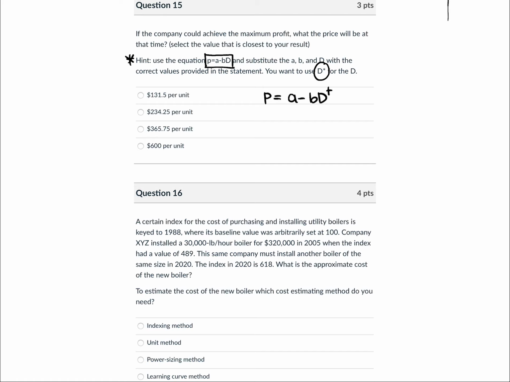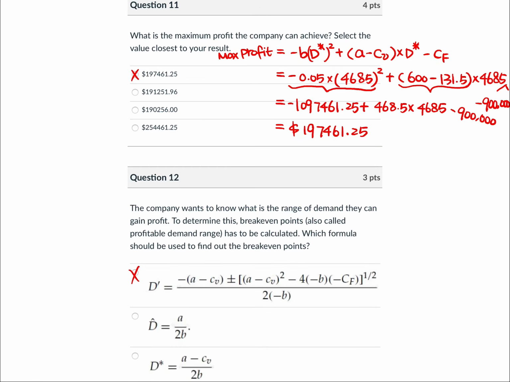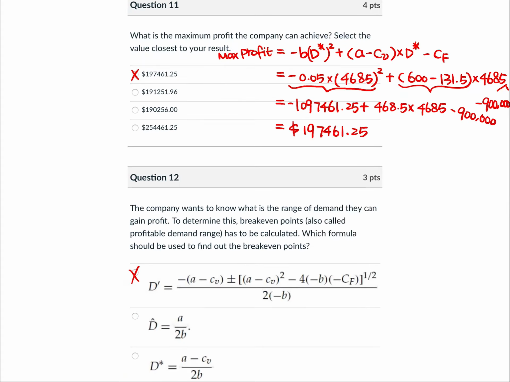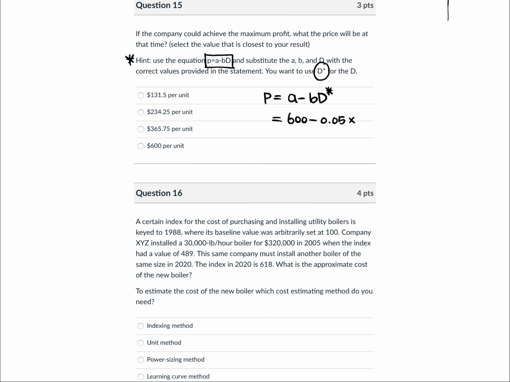So P is A minus B times D star, because you're looking at the price when you got the maximum profit. Okay, so the A is 600, B is 0.05, D star is what we just calculated for D star, this one, 46.85.